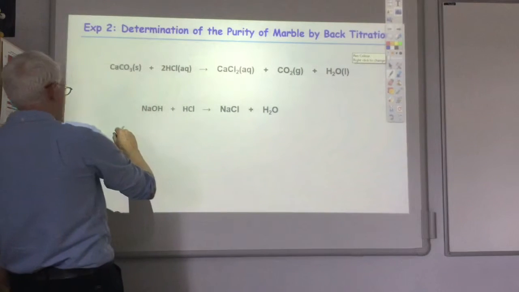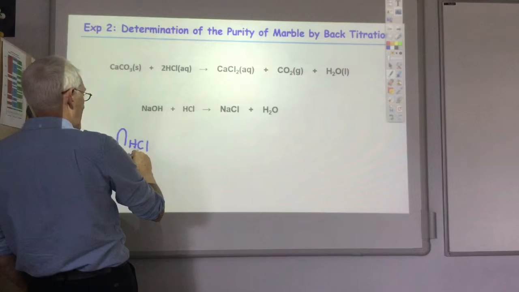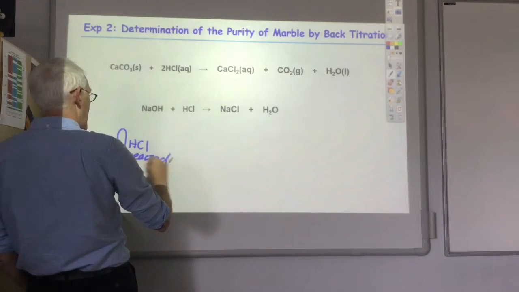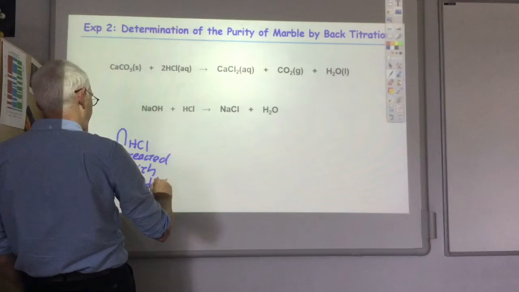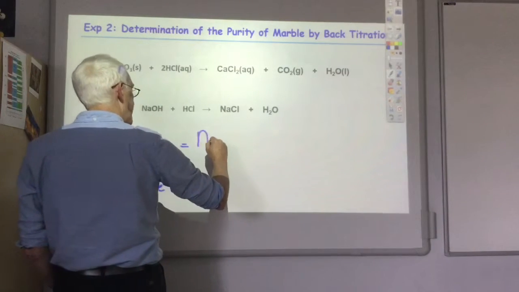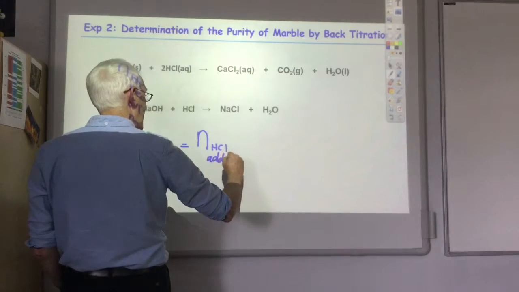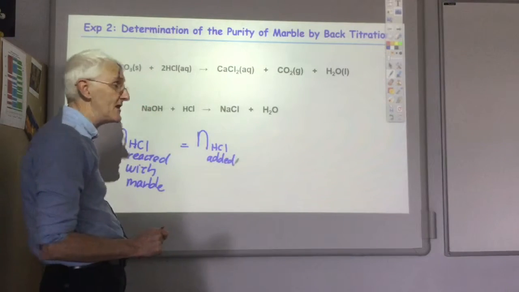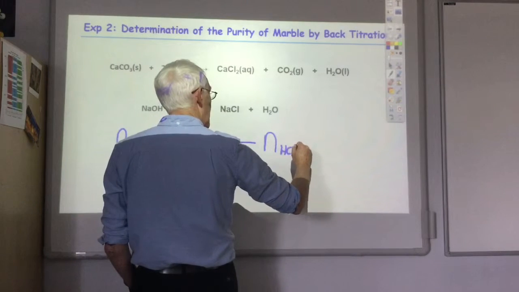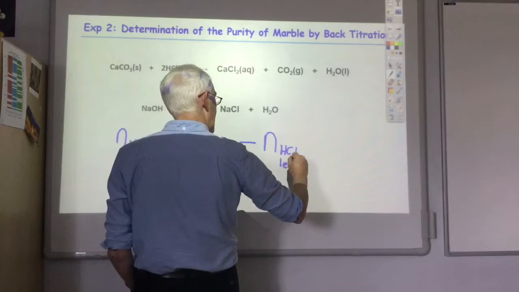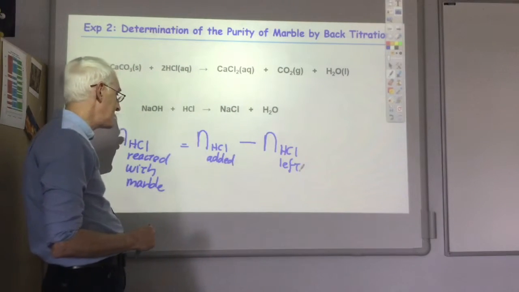So the number of moles of HCl that reacted with the marble equals the number of moles of HCl initially added, and we know that because we knew the concentration and volume of the HCl, take away the number of moles of HCl left after the initial reaction between the calcium carbonate and the hydrochloric acid.